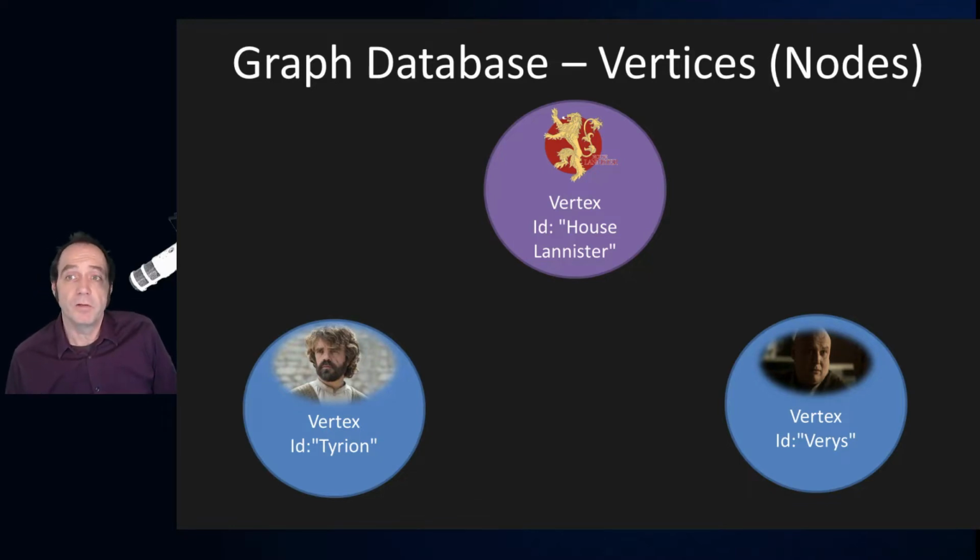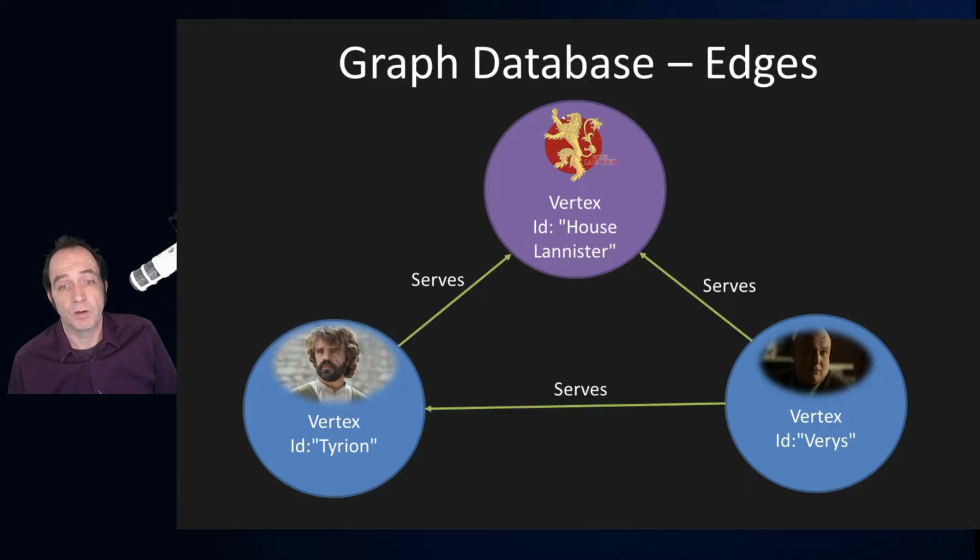And then the relationships are going to be defined using edges. So there, Tyrion Lannister can serve House Lannister, Varys can serve House Lannister, but there's nothing to prevent Varys from serving Tyrion. We can just generate that relationship or that edge and link those two entities together. So this gives us a very, very flexible model.